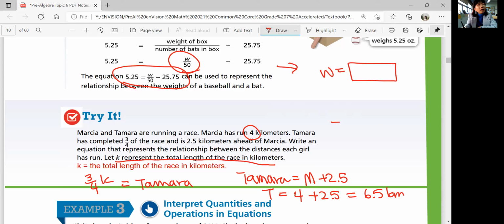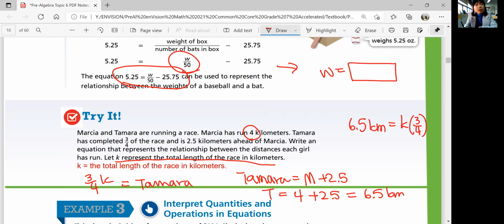That's just Tamara, but 6.5 kilometers is 3/4 of the total. So in order to get total, you want to divide it by 3 and multiply by 4 to get the total, because this is 3/4.